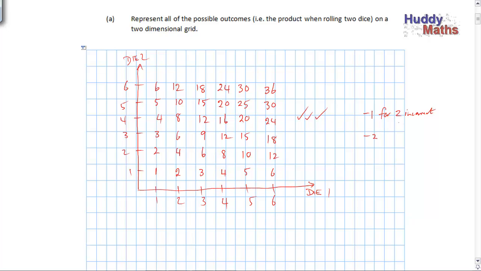Take off 2 for less than 5 errors, that is more than 2 but less than or equal to 5. And you lose them all if you've got more than 5 errors. Okay, so make a mark there out of 3. I hope you got a few for that one.